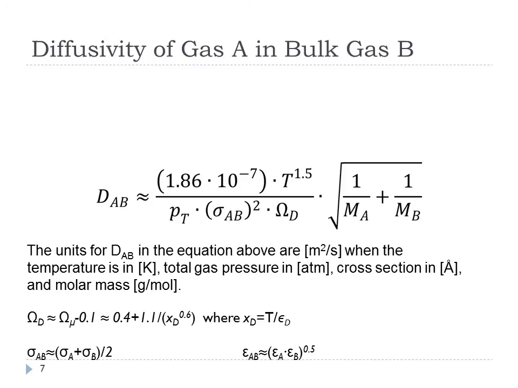In that equation, there's a sigma AB, which is equal to the Lennard-Jones size of A plus the Lennard-Jones size of B, divided by 2. And epsilon AB is the Lennard-Jones well depth, and that's proportional to the geometric average of the well depths. So sigma is an arithmetic average, epsilon is a geometric average.